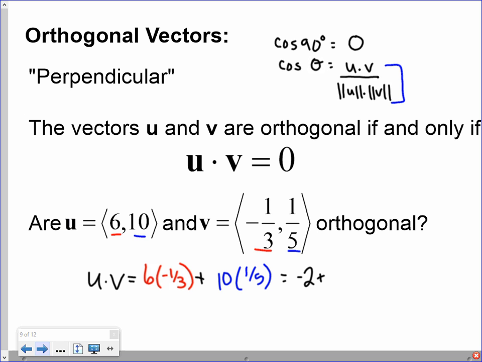That'll be negative 2 plus 2, which is 0. So yeah, they're orthogonal. If you get any other number besides 0, your answer is no. So that is a lot less work than doing the cosine formula. You'd have to do the dot product, then you'd have to do the magnitude of u and the magnitude of v, and then do the whole inverse cosine bit.